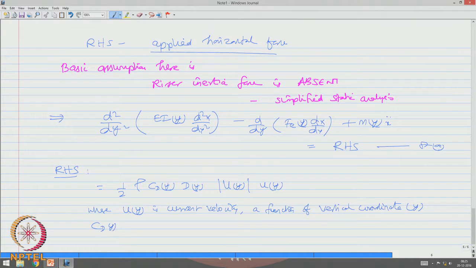Of course, C D of y is the drag coefficient, which is again a function of y. Equation number 9.